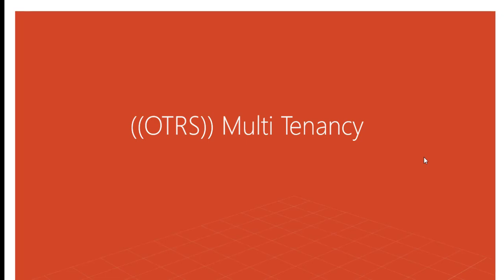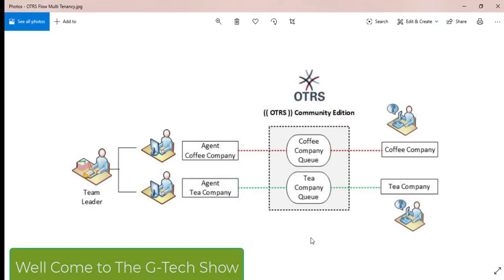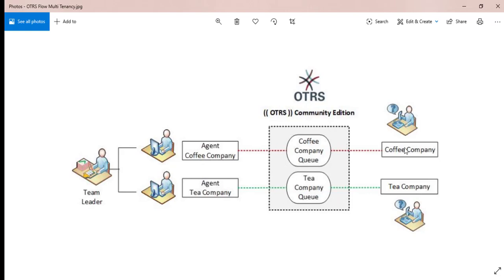A single OTRS server can be used in multi-tenancy scenarios. It is also easy to map a service catalog group for a set of customers and a set of support agents. This is the scenario which I'm going to implement in the system. As you can see here, coffee company and tea company are two of the major customers of an IT service provider company.